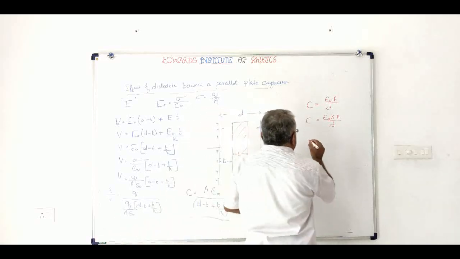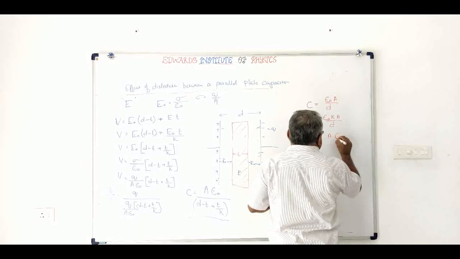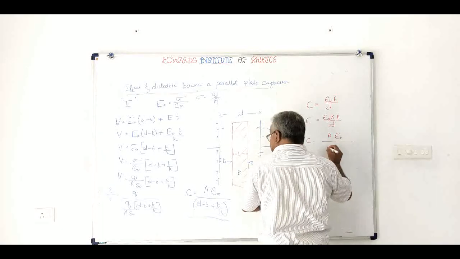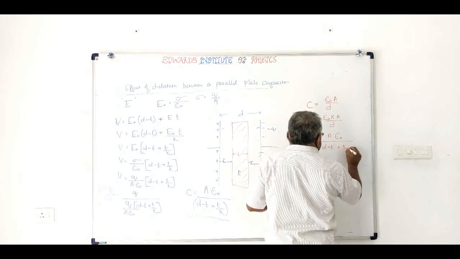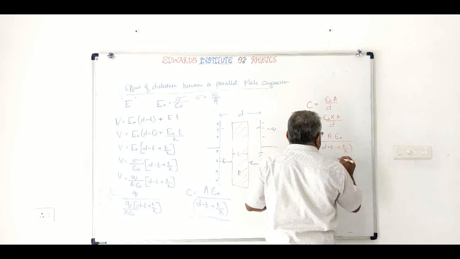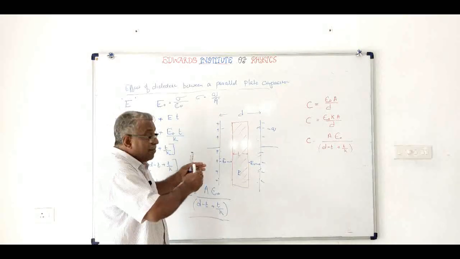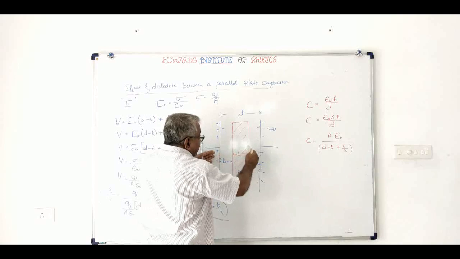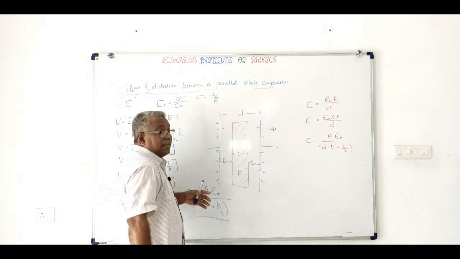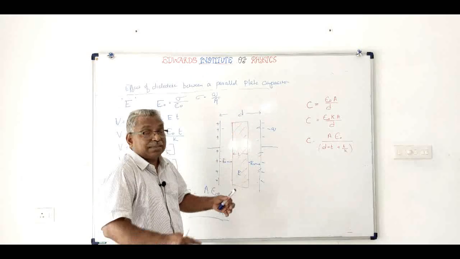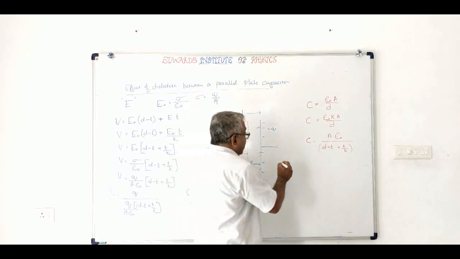So C will be equal to A epsilon 0 by D minus T plus T by K. Now, as a special case, imagine that the thickness T is increasing and coming to D. Suppose T is equal to D, that is you are filling the entire gap with the dielectric. Then what will be C?